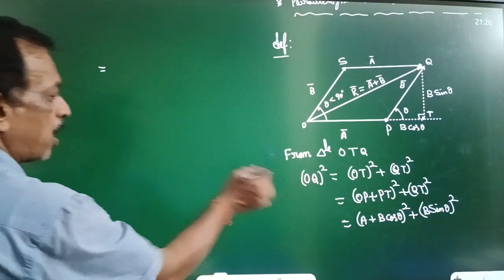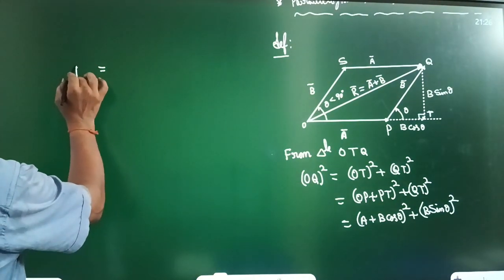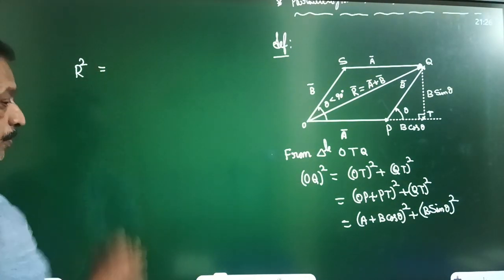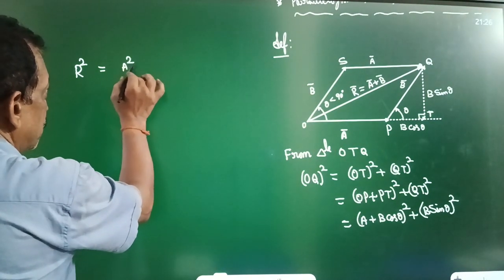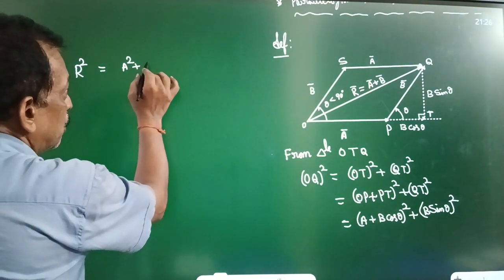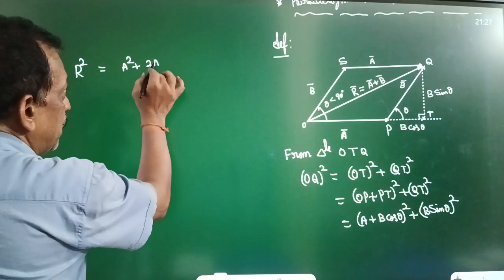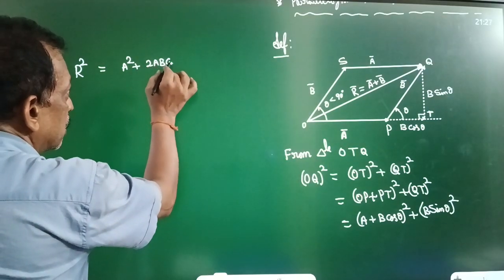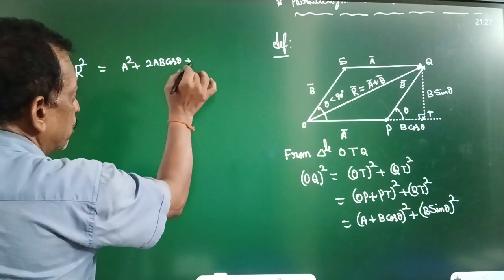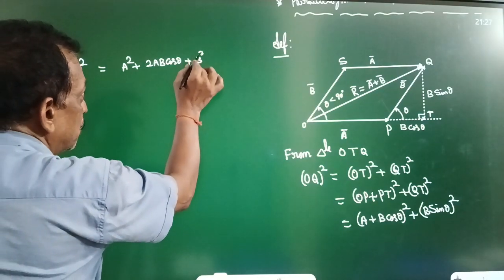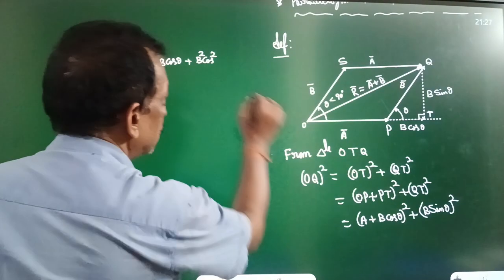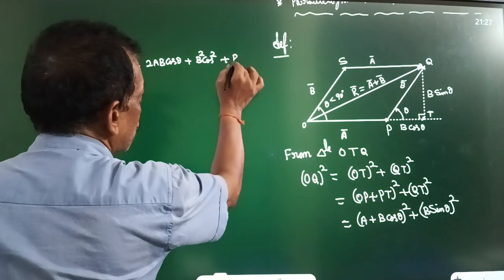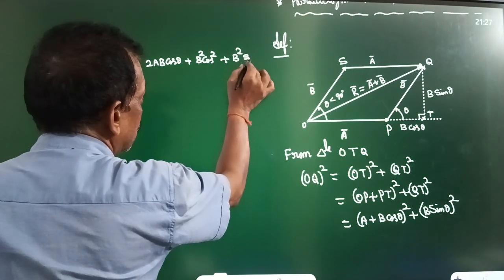OQ is nothing but R square. This is called the magnitude of the resultant, R square. This is A square plus 2AB cos theta plus B square cos square theta, then plus B square sin square theta.